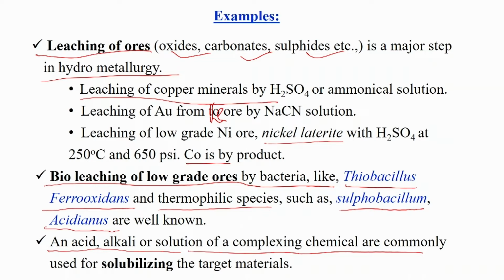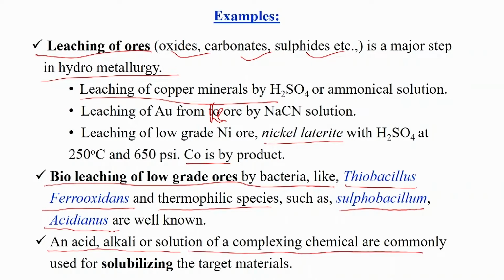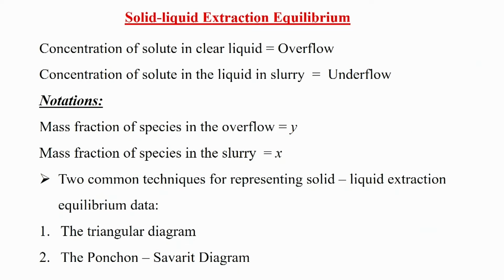Another example that we will discuss in detail is supercritical fluid extraction, where the target component is efficiently separated using a supercritical fluid, in general supercritical carbon dioxide, to get the maximum extraction output from the process. Now, we will be discussing the solid liquid extraction equilibria, which is similar to the liquid liquid equilibria.